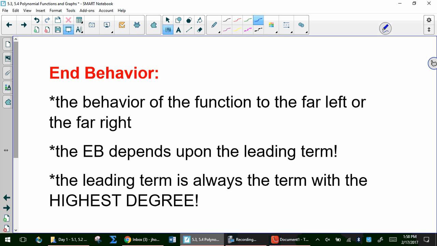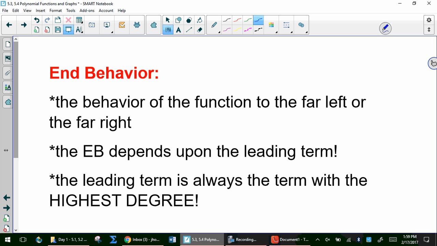So another way we can think about it is, like the first bullet point, the behavior of the function to the far left or the far right. So you're looking at the behavior of the function when x is really, really negative, on its way to negative infinity. And then to the far right, you're looking for what's happening to the graph when it's really close to positive infinity. Okay?